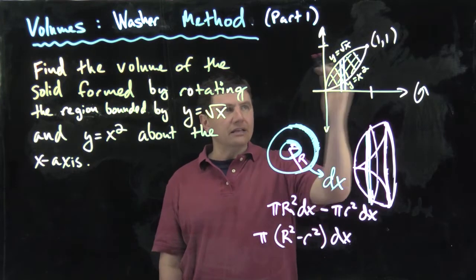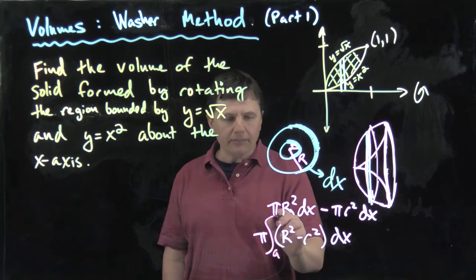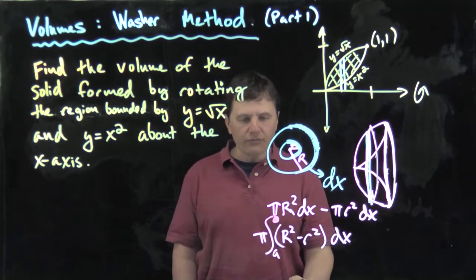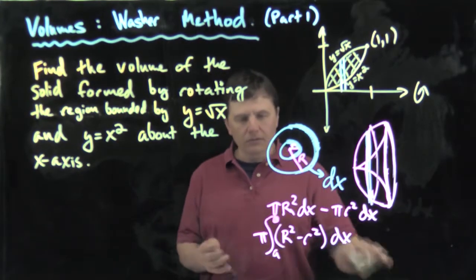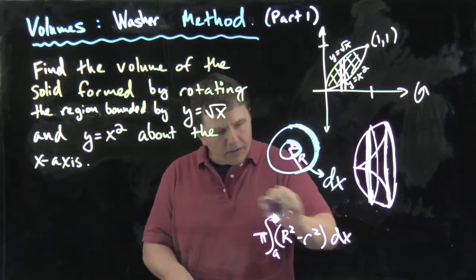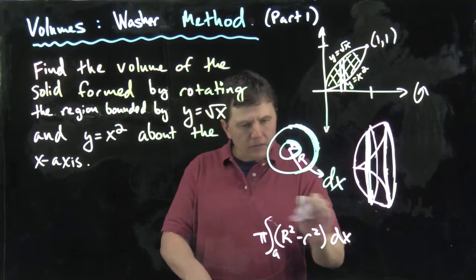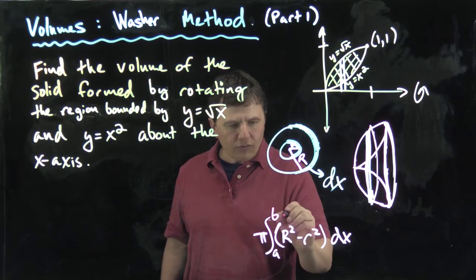And then to find the entire shape, we're going to integrate from a to b. So this is the formula for any given washer. Let's clean that up a little bit so you can see it. Okay, so this is our general formula.